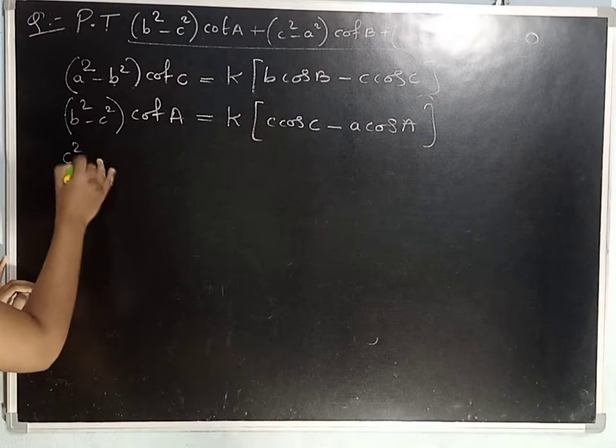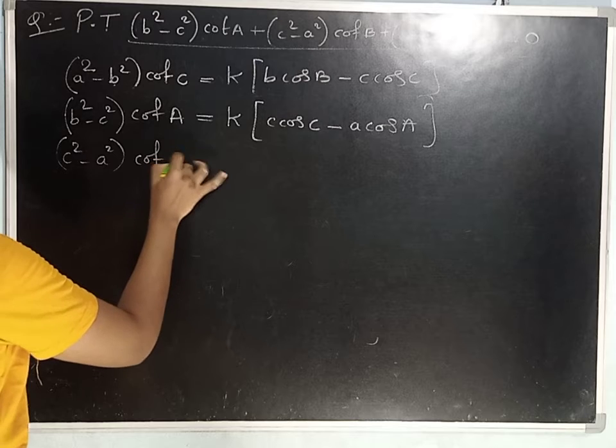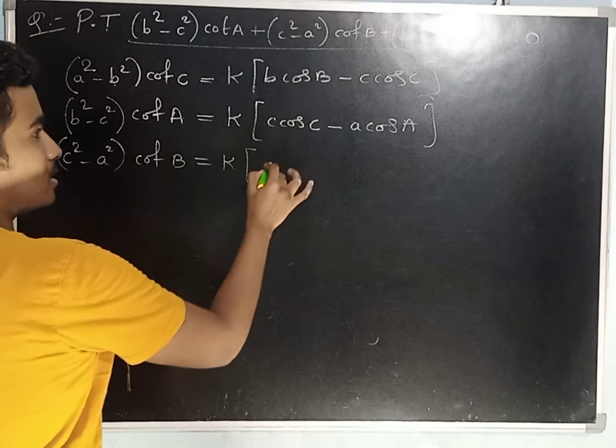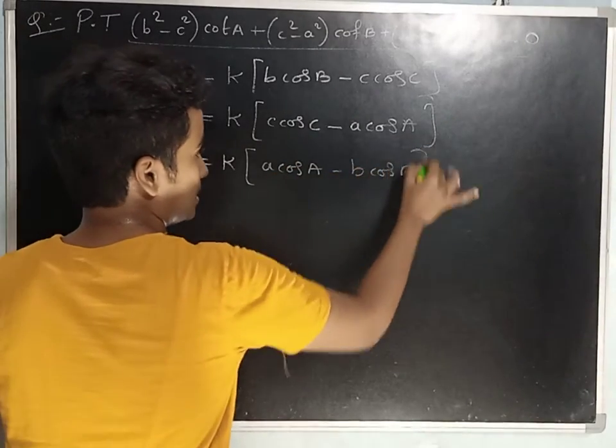Similarly, c square minus a square into cot b is nothing but k into a cos a minus b cos b.